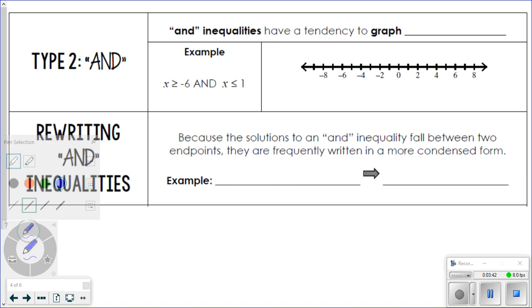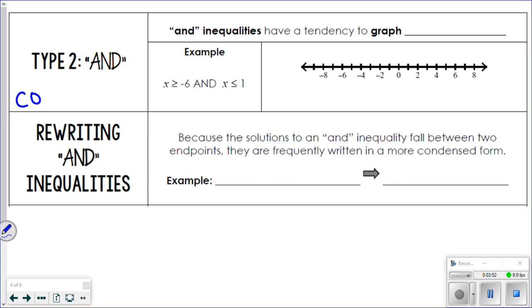Now let's talk about "and." "And" inequalities are also called conjunctions. These have a tendency to graph together.